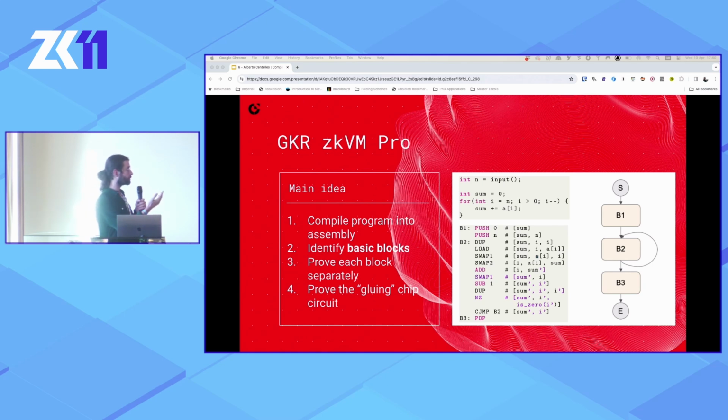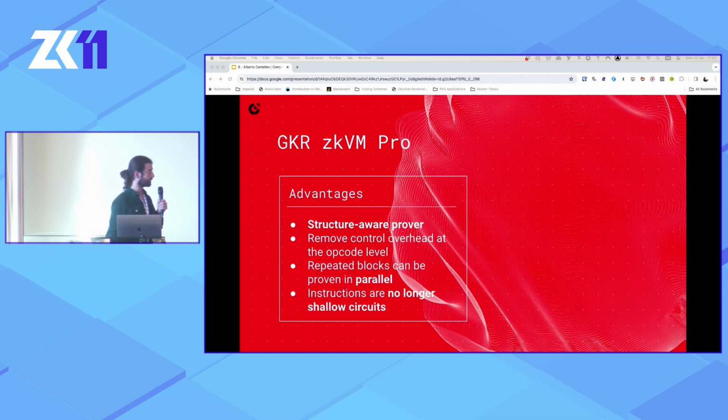In this case, we have a for loop, and because B2 is computed many times and is identical, it becomes a data parallel circuit, and then we can use parallelization to improve the performance of the prover. And again, we have the gluing chip circuit at the end. Again, the advantage is that we have a structure-aware prover. We don't have this control overhead at the opcode level, so now we only have some control overhead at the block level, at the beginning and at the end of the block.